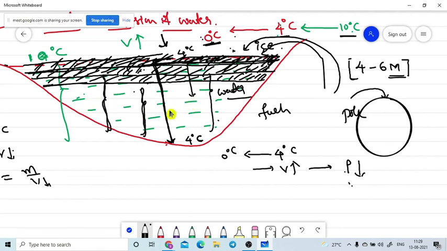Every winter season, the insects and animals living in the water survive because of the anomalous expansion property of water. They exist because water exists.